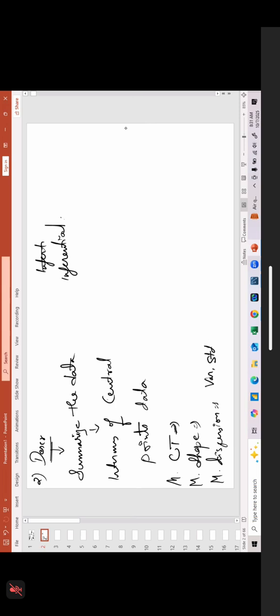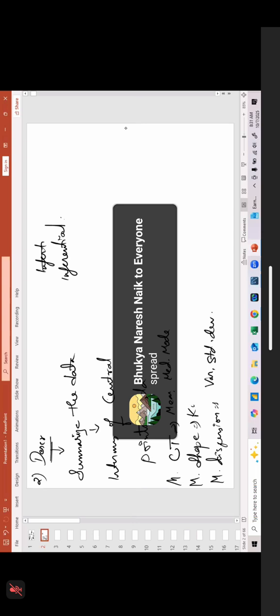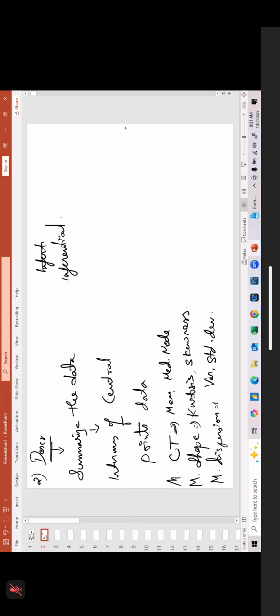Variance, standard deviation. Okay. Central tendency: mean, median, and mode. Shape: kurtosis and skewness. Now, what is inferential statistics?